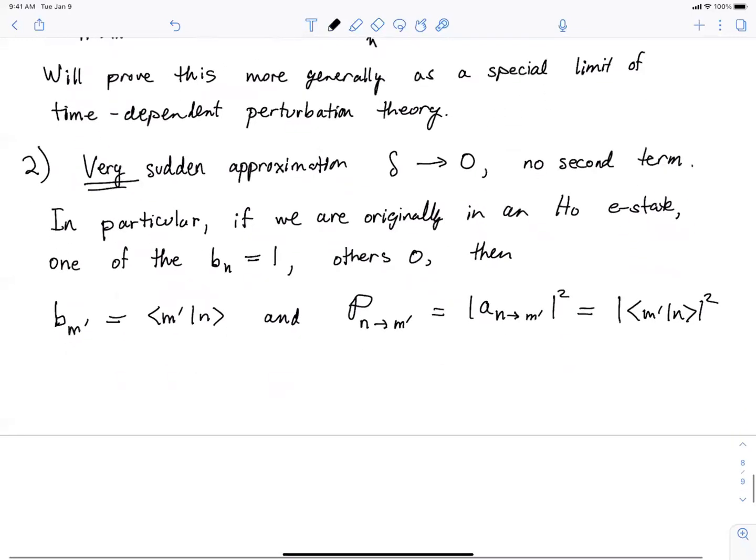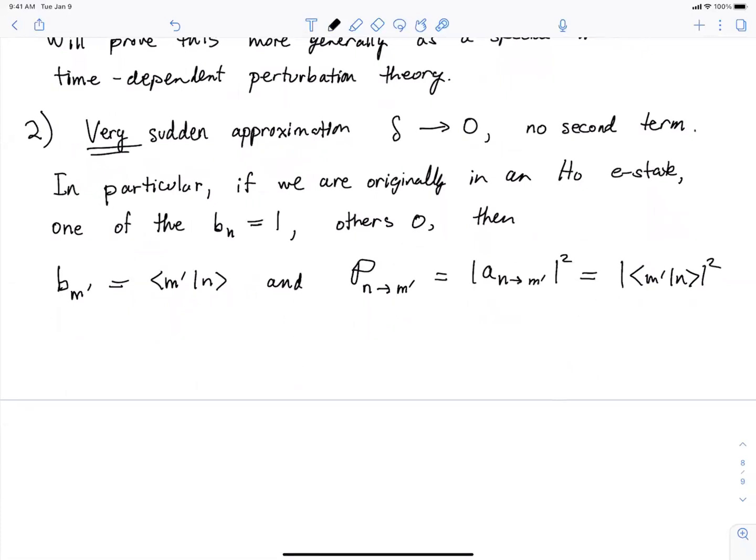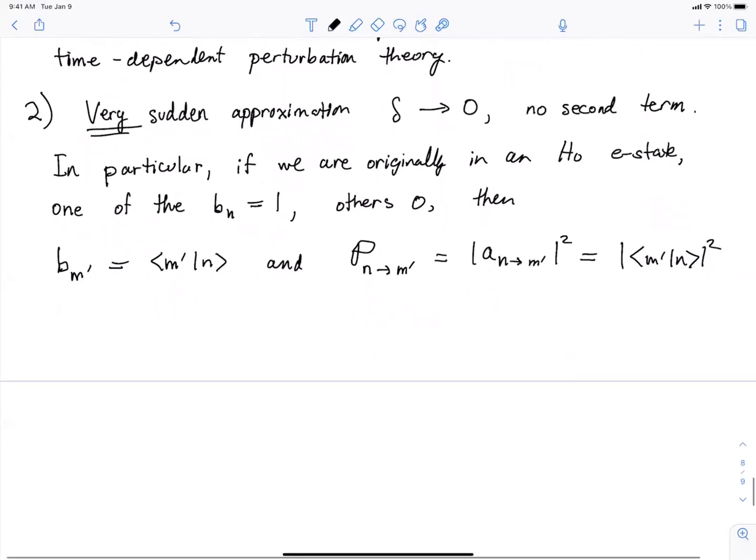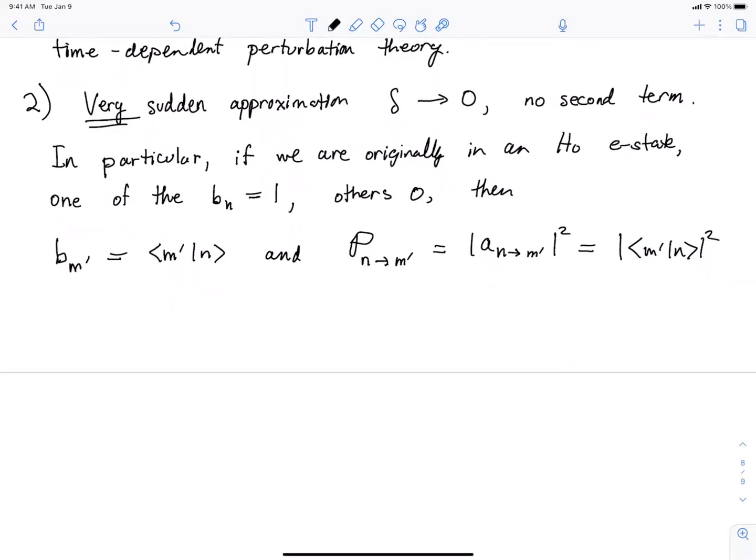Okay, so that very sudden approximation is hopefully pretty straightforward. Okay, so now we're going to do a couple of examples. And I guess I don't have time to really finish the example, so I'll just set them up. So I'll do example 1 here. So suppose you have a harmonic oscillator, and we'll just take it to be a one-dimensional harmonic oscillator, and suddenly some demon decides to double the spring constant or something like that.